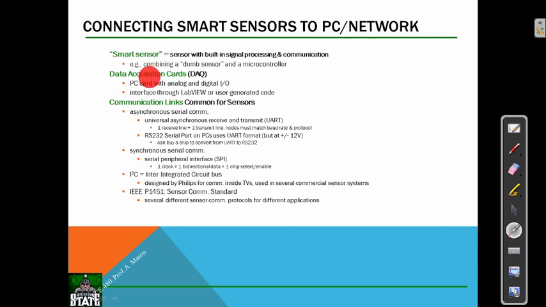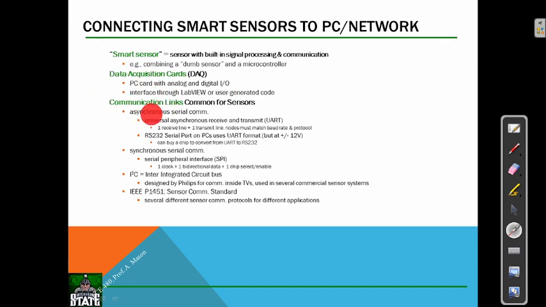For example, combining a sensor and a microcontroller to process and control, you can call it a smart sensor. Then DAQ, the data acquisition card, is a PC card with analog and digital input output, IO meaning input output, and interfaced through LabVIEW or user-generated code.